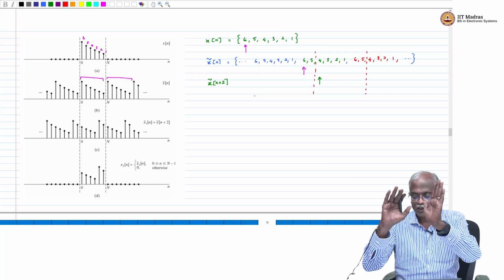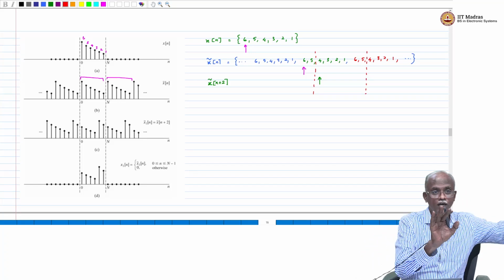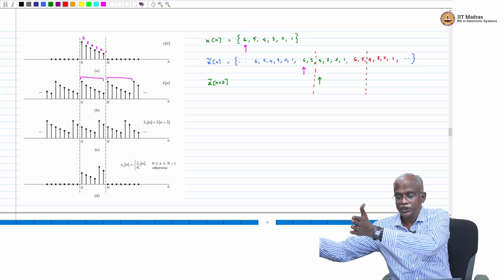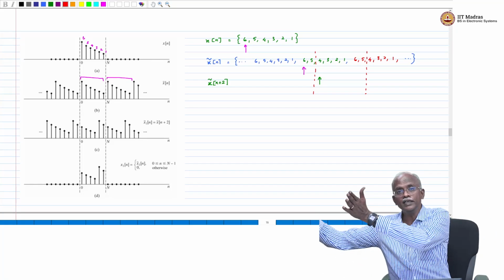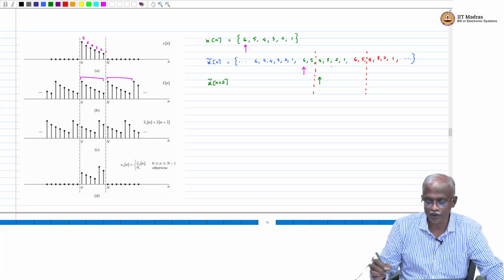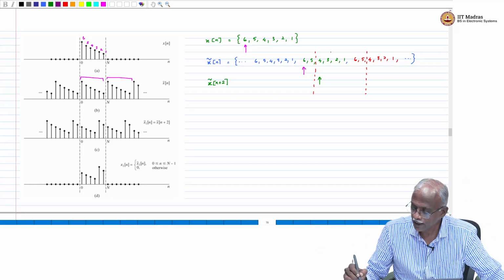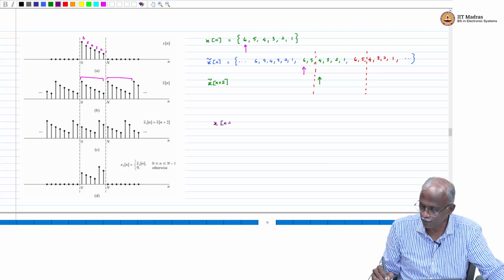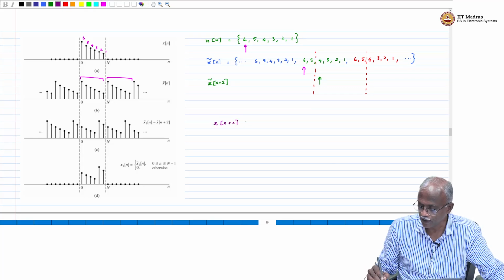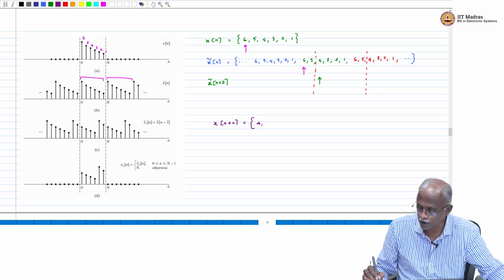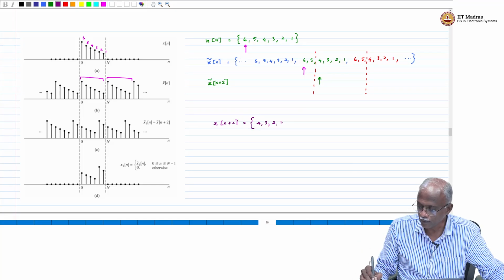Basically this 6 and 5 went outside of the window 0 to n minus 1. What happened was from the corresponding periodic repetition, another 6 and 5 came into the picture. So now look at this particular sequence. What is x of n plus 2? The one period that is situated in the window, which is 4, 3, 2, 1, 6, 5.